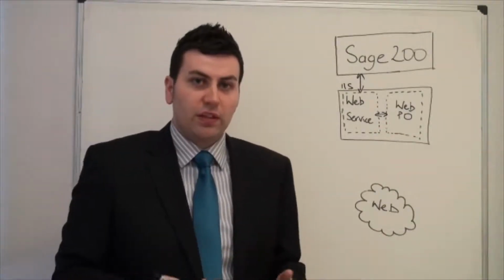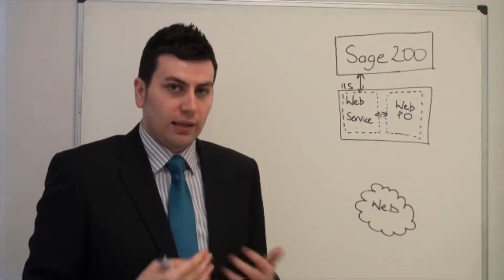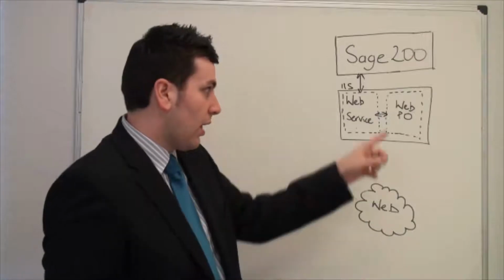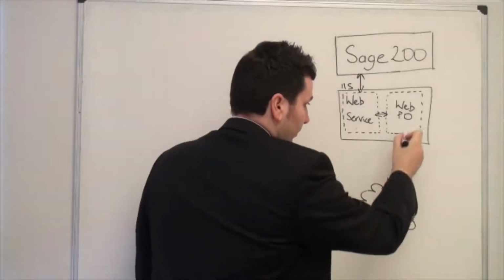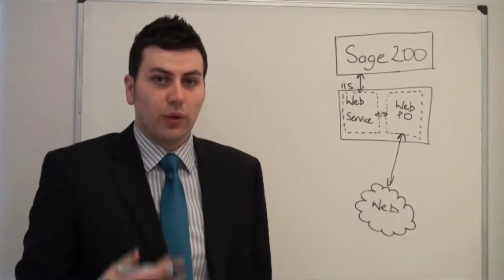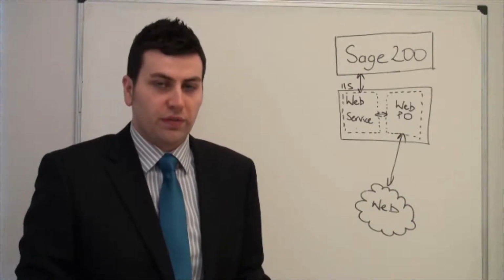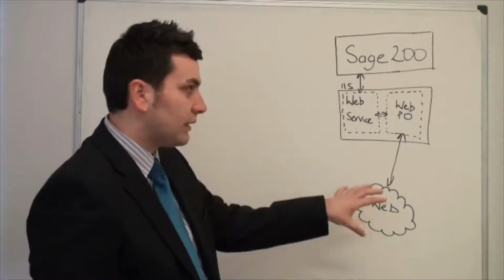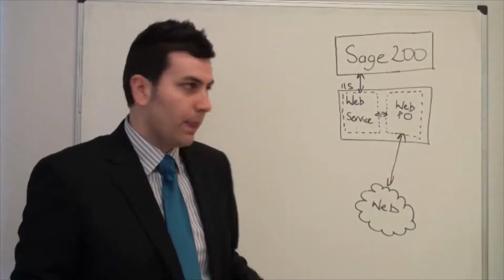And we've taken the web interface and made it as user-friendly as possible to allow you to quickly enter purchase orders. That web interface is then projected via IIS out to the web using a standard web browser. So that could be Internet Explorer, Firefox, Chrome or Safari. And that means that you can access the web purchase order entry from anywhere.